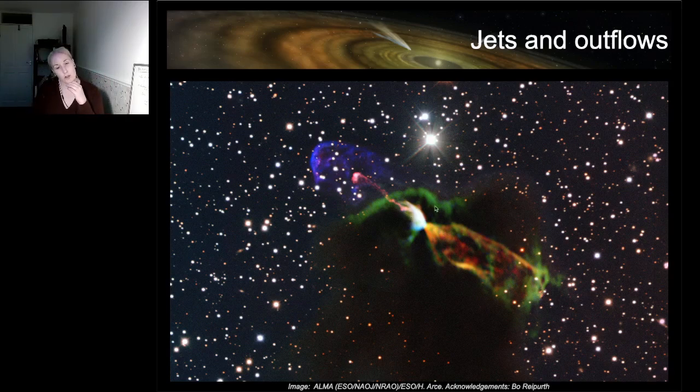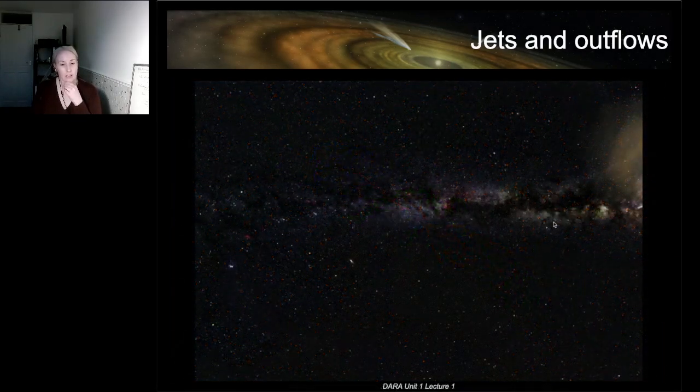So these jets are generated by young stars, they punch through the surrounding medium and they stir up and impart momentum to the surrounding medium that creates these very structured outflows as well. These are really good ways for identifying the fact that we do have a star actively forming in the center of this molecular cloud.